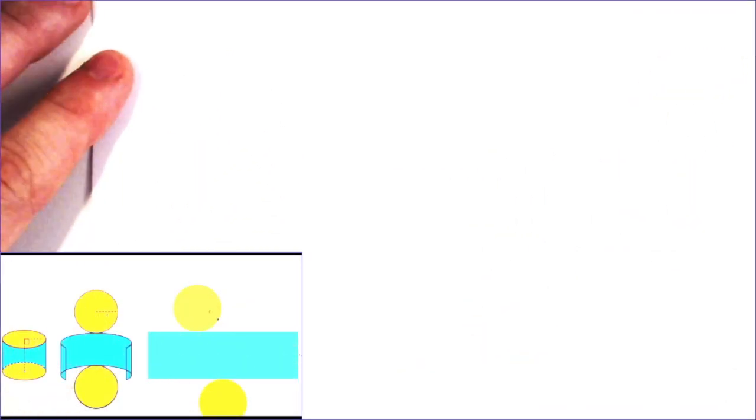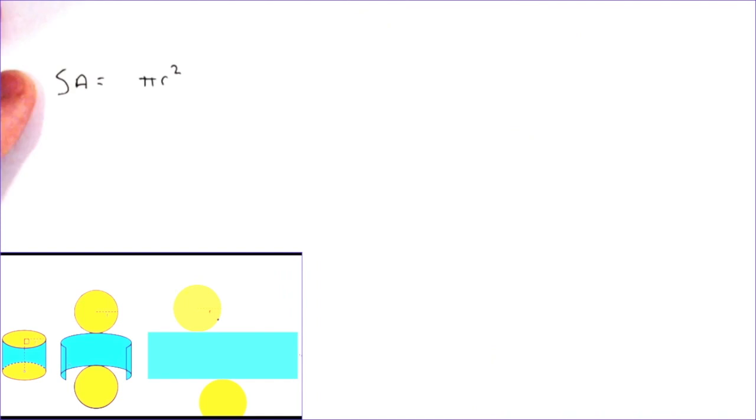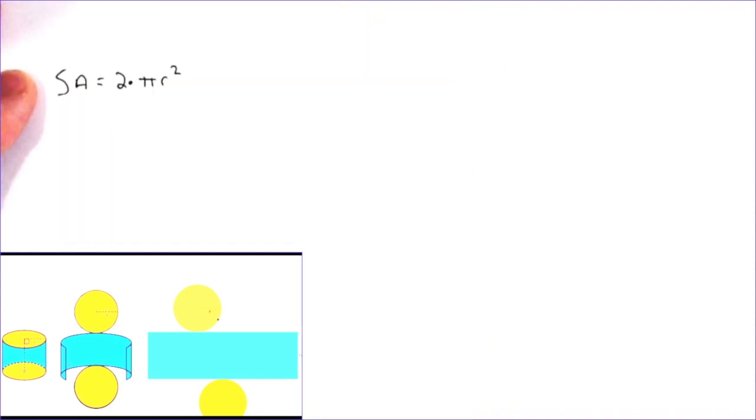So let's see what this would actually look like. If we want to find the surface area of a cylinder, then it would be really helpful to know what the formula is. The surface area formula is pi r squared. That is the area of any circle. But because we have a top circle and a bottom circle, we have to multiply that by 2. Remember, for surface area, we're looking for the area of all the outside parts.